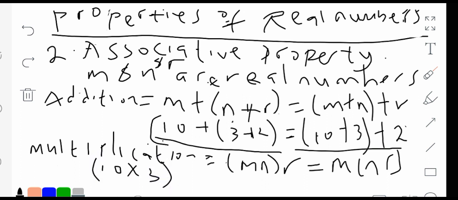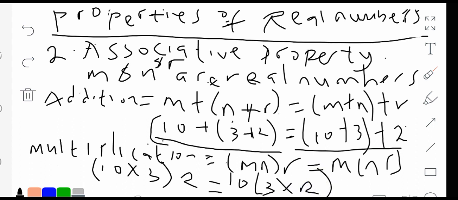That's mn, meaning multiplication is in between them. Then r, which is 2, is the same thing as m, which is 10, times the bracket n, which is 3, times r, which is 2.